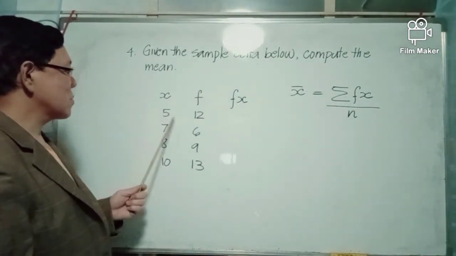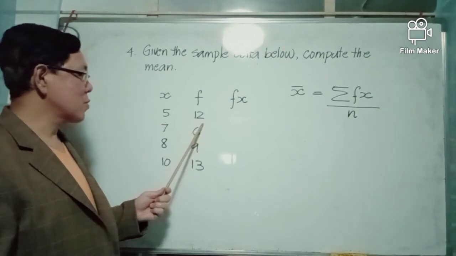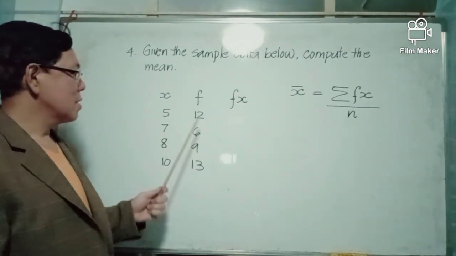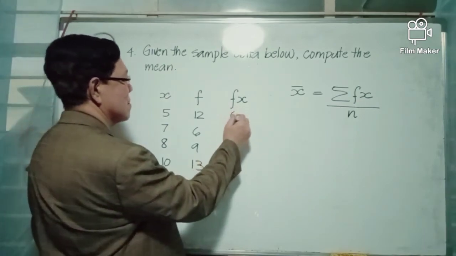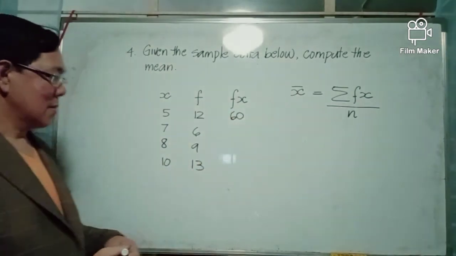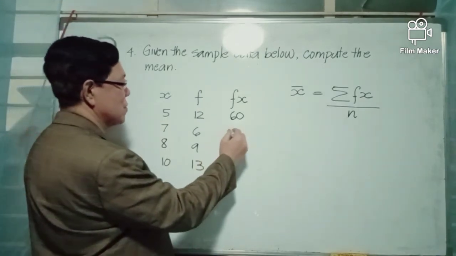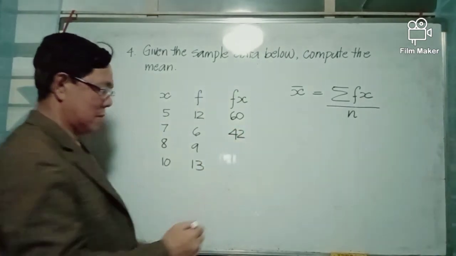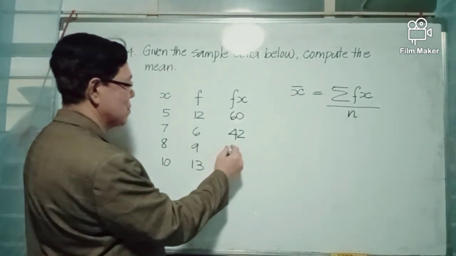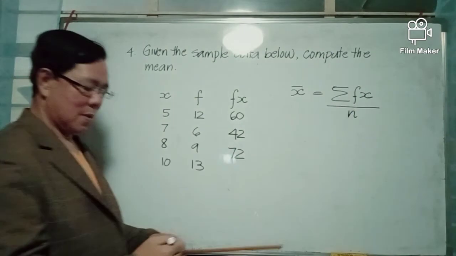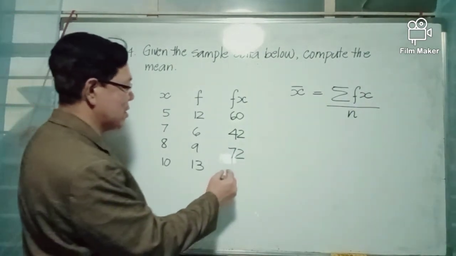We multiply the score by the frequency, 5 multiplied by 12 or 12 multiplied by 5. 12 multiplied by 5 is 60. 6 multiplied by 7 is 42. 9 multiplied by 8 is 72. And 13 multiplied by 10 is 130.